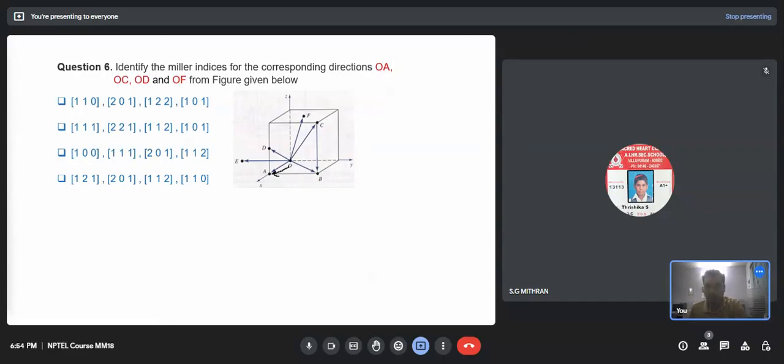Here this point A is intersecting at the x-axis. So the intersecting points will be 1, infinite for the y-axis, and infinite for the z-axis as well. Now I'll take the reciprocal of these intercepts: 1, 0, 0.